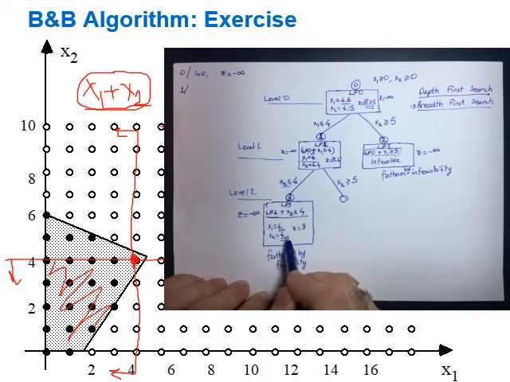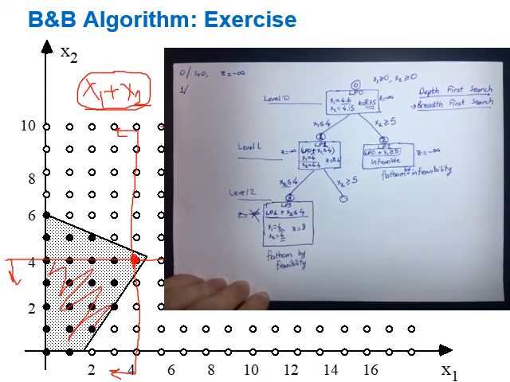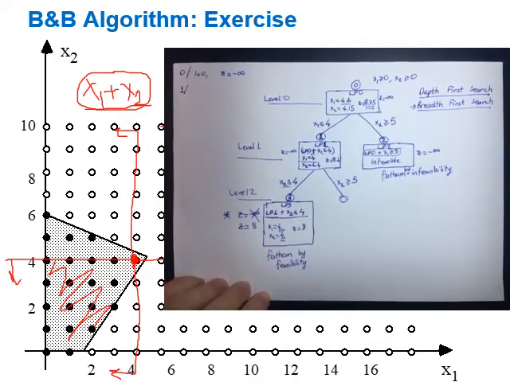This is integer and feasible, and its objective function value is 8. So what do I say? Okay, sorry, but I have a better solution for a maximization problem. Now my lower bound is 8. So I updated my lower bound. Whenever you update your lower bound, put a star on that node so that you can understand you found a better integer solution.